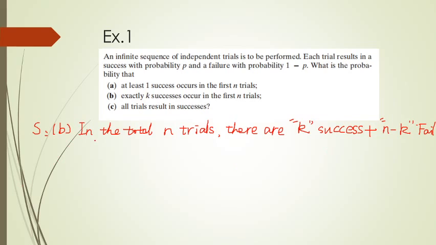According to part A, how can we calculate the probability for k successes and n minus k failures? So the probability of k successes and n minus k failures.